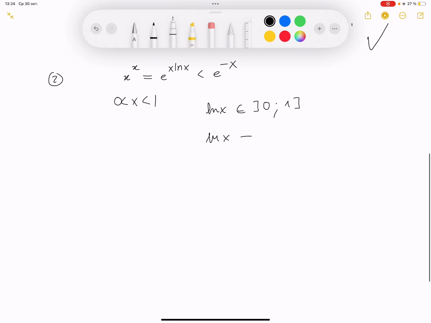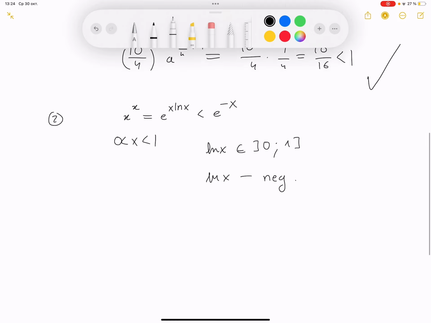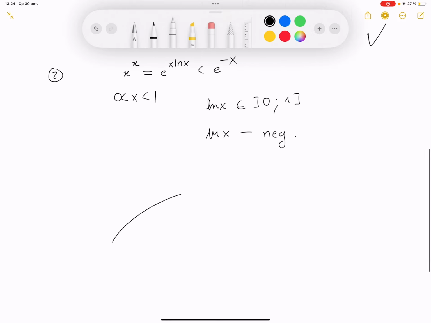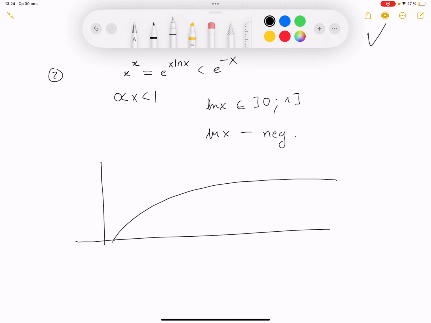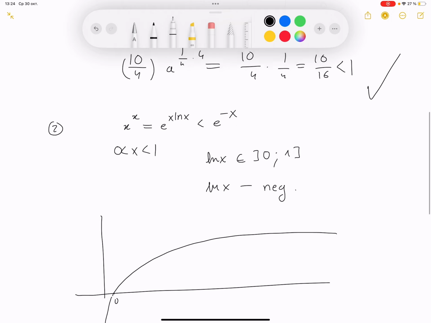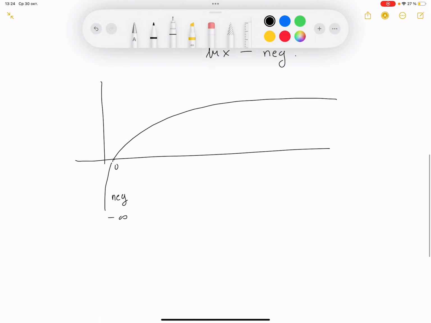Ln x is negative. Afterwards, of course, it goes logarithmically like this. So here it's 0, here it's negative, tending to negative infinity, and so on.